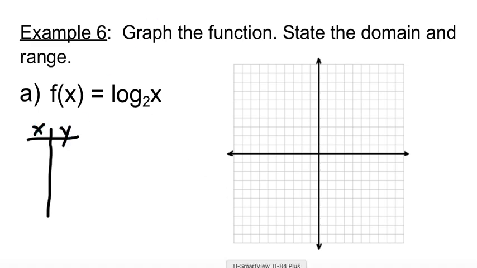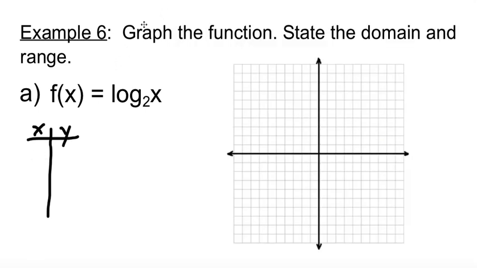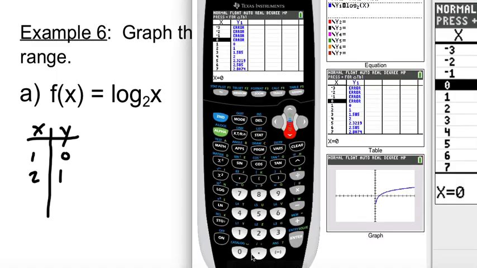It told me there are some values, so I'm going to take those. 0 is 0, so I'm not going to do anything with that. 1, 0, and 2, 1. And there was one other one I wanted. The next nice one, where I don't have a long decimal, is 4, 2.